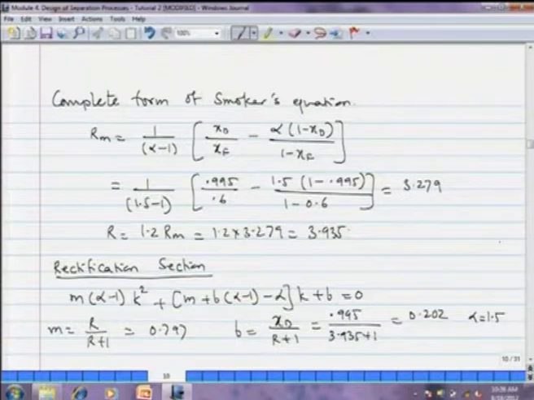First of all, we have to calculate the reflux ratio, and we have been given that the reflux ratio is 1.2 times the minimum reflux ratio. We use the Underwood's equation for minimum reflux ratio.